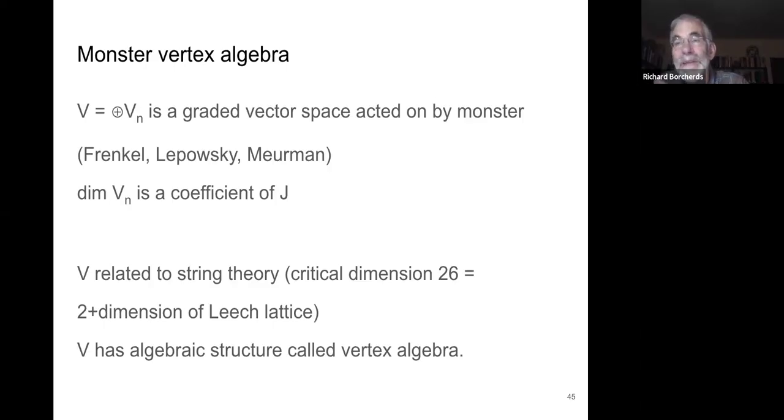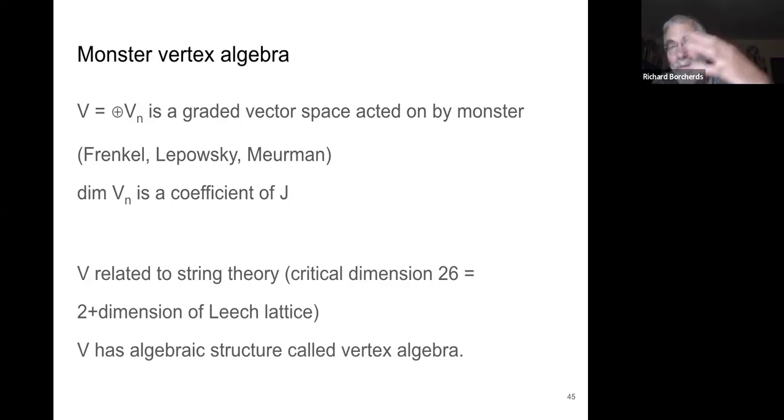And it turns out this is exactly the same 26 that turns up in string theory in some sense, that the string theory living in 26 dimensions means that it works really well in relation to the Leech lattice and is also used in constructing this monster vertex algebra.